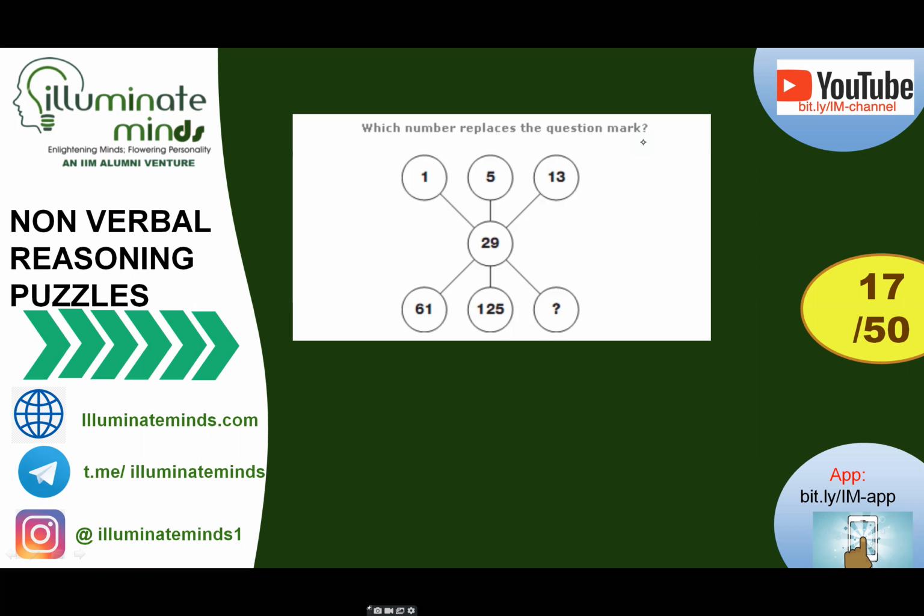This seems to be a little tricky one. 1 into 2 plus 3 is equal to 5. 5 into 2 plus 3 is equal to 13. 13 into 2 plus 3 is equal to 29. Correct?